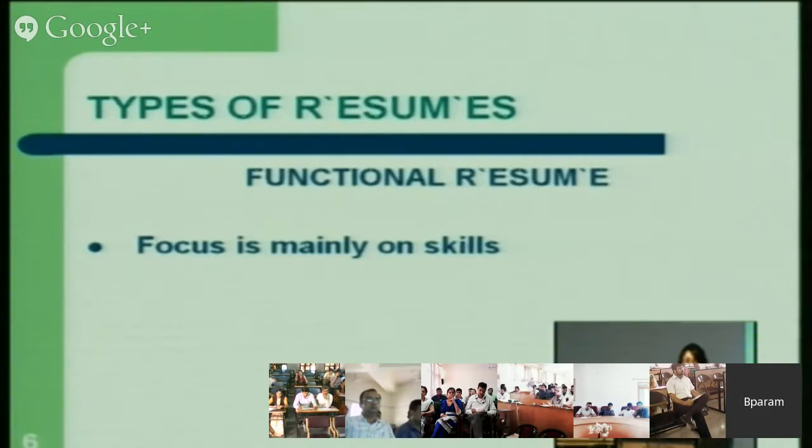Whatever positions that individual held in previous jobs must have allowed him to practice and utilize certain skills in his or her personality. Now those skills got developed as a result of these opportunities, and these skills, though peripheral, not the core skills required for that job, are now going to come in handy or become core skills for the other type of job that he or she is seeking.